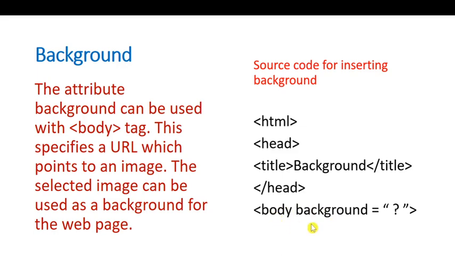Then comes the syntax, that is the code: body background equal to question mark. Why have I given a question mark here? It means we have to specify the path and location of the image file that is going to be used as our background image.